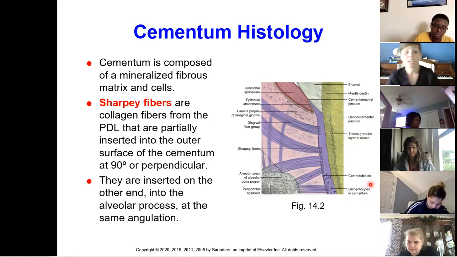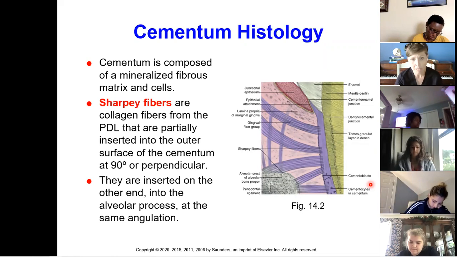They are inserted on the other end into the alveolar process at the same angulation. So Sharpey's fibers are inserted at the cementum and the alveolar process at a 90-degree angle. Any questions about Sharpey's fibers?